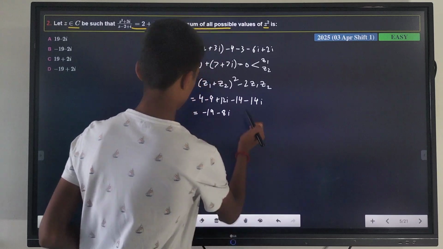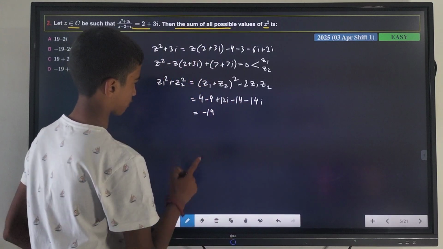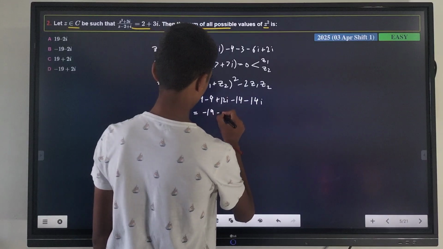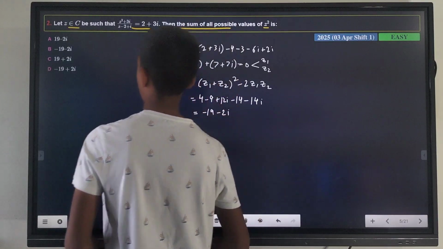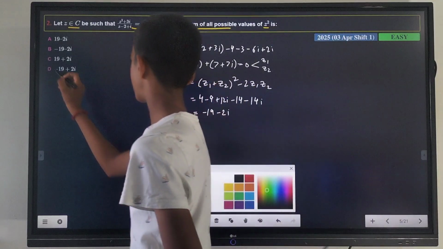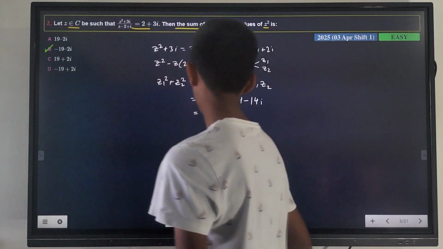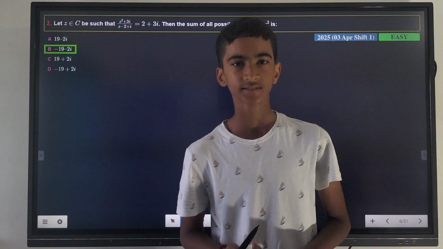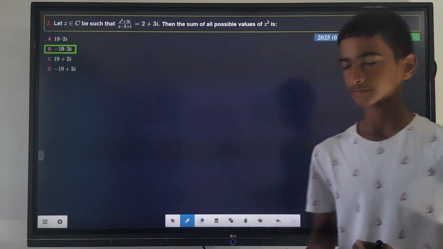Yes, let's recalculate it. Minus 19 and minus 2 iota. So our answer will be option B. And this is our solution, and we can see that our answer is correct.